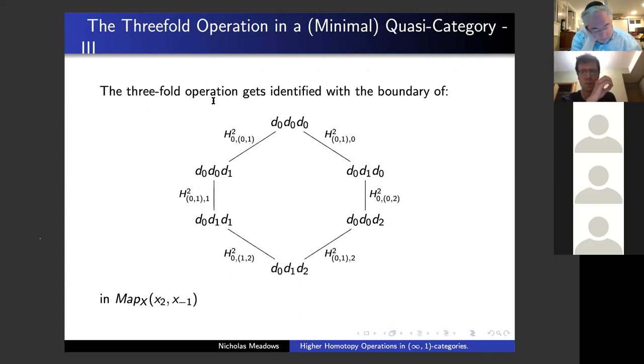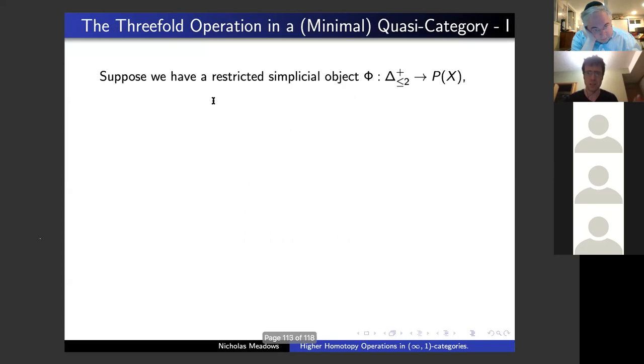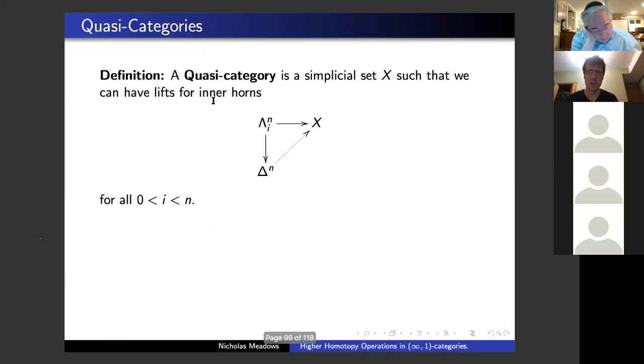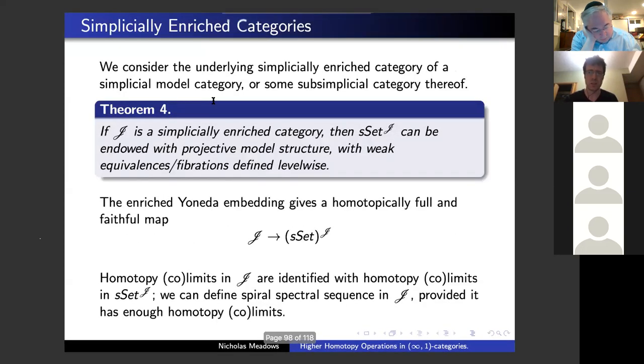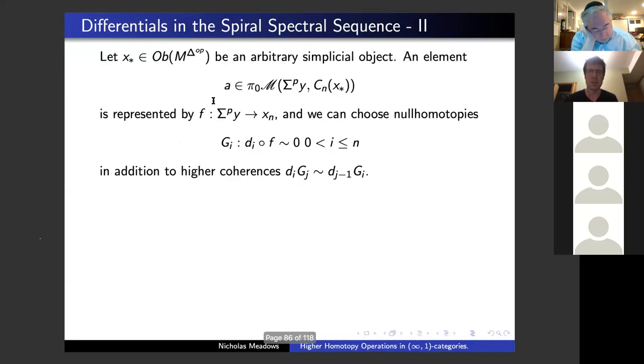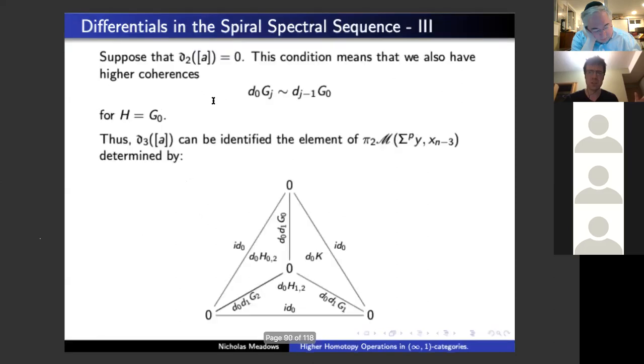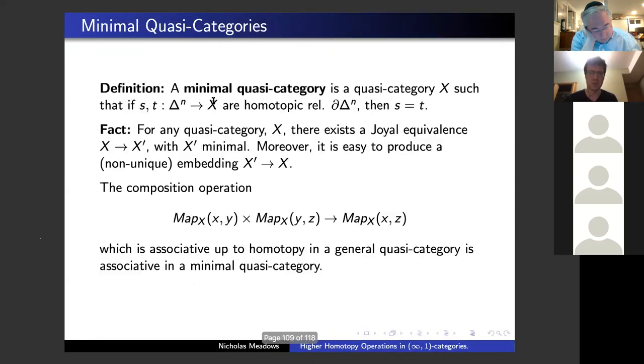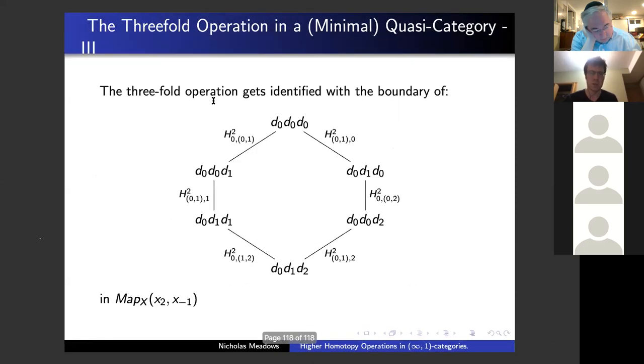The type 2 operations, my postdoc supervisor David had done before. So the stuff about differentials and the quasi-category stuff is new, but the type 2 operation was something David had done before. And the Toda bracket is probably from like 1960 or something.